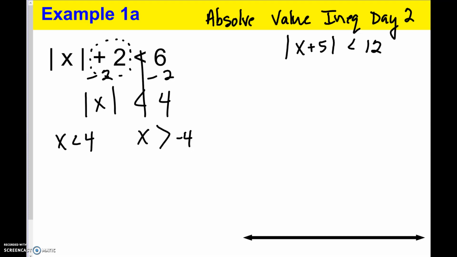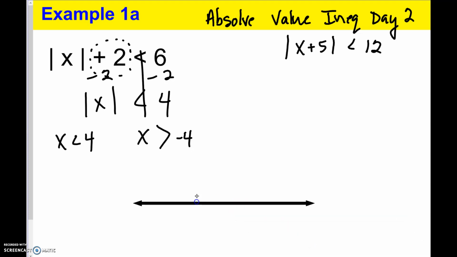So over here on my number line, we can go ahead and graph this. So this first one, x is less than 4. So at 4, that is going to be an open circle because it does not have the line underneath it. It's any number less than 4, and we get less than 4 by going to our left.